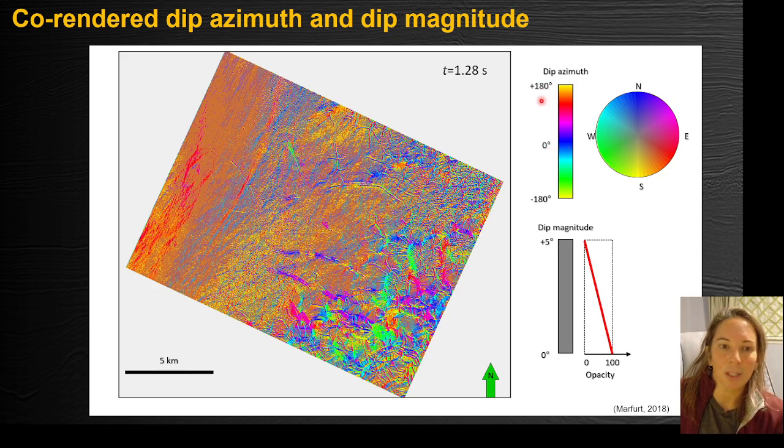So we can see it from plus 180 to negative 180, or more the ordinal directions. And then dip magnitude has zero opacity at plus 5 degrees, and then it increases up to 100% as the dip gets lower. So that really allows us to highlight where we have the more steeply dipping regions of this time slice.